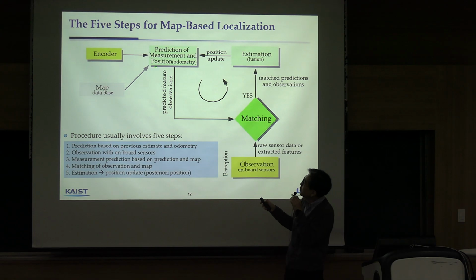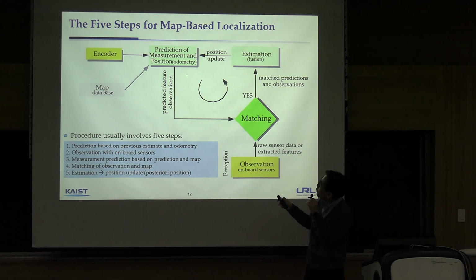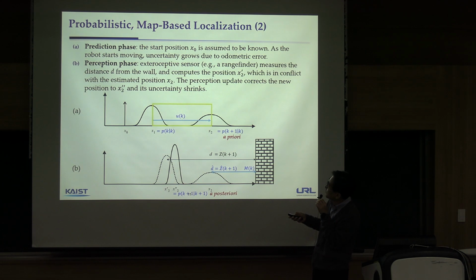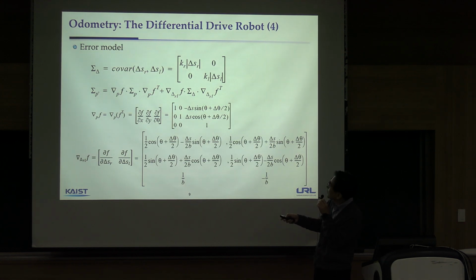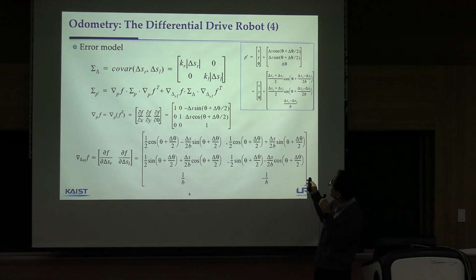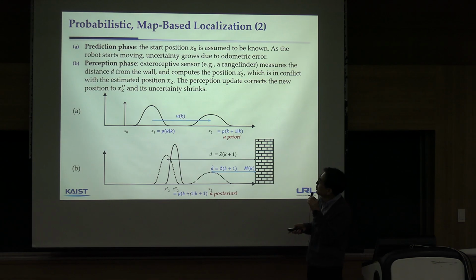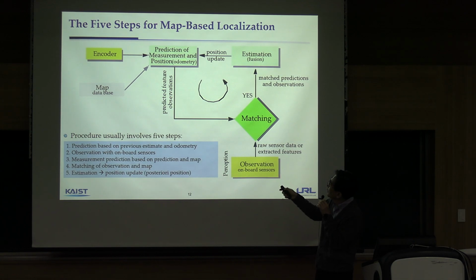From the wheel encoder information, we predict the position, and this is called the odometry. This is done by using the previous kinematic equation, so you can use that to predict the position at first. And at that position, you can have some prediction of the observation.